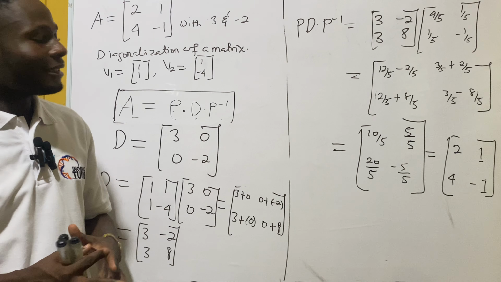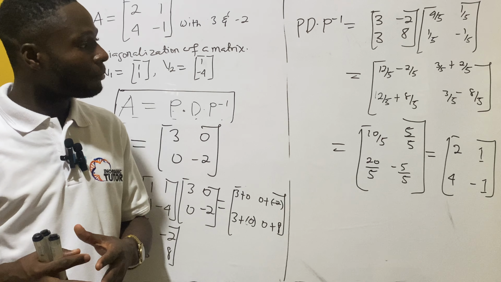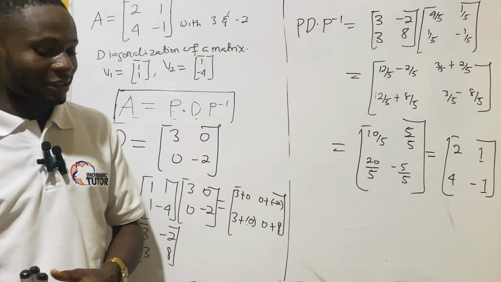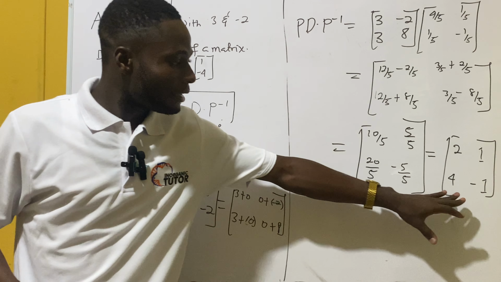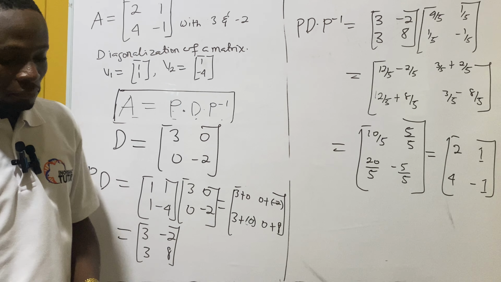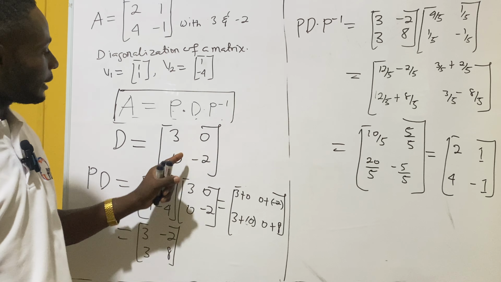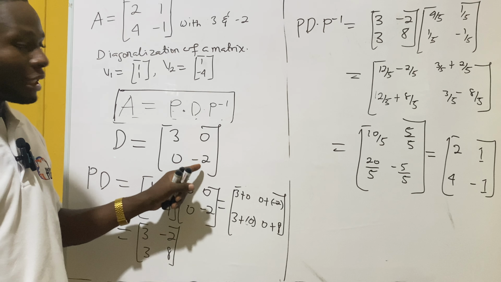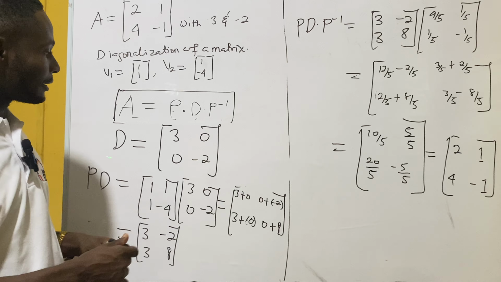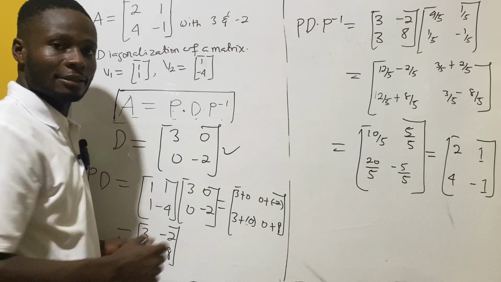So the diagonal matrix is obtained as 3, 0, 0, -2. That is this.